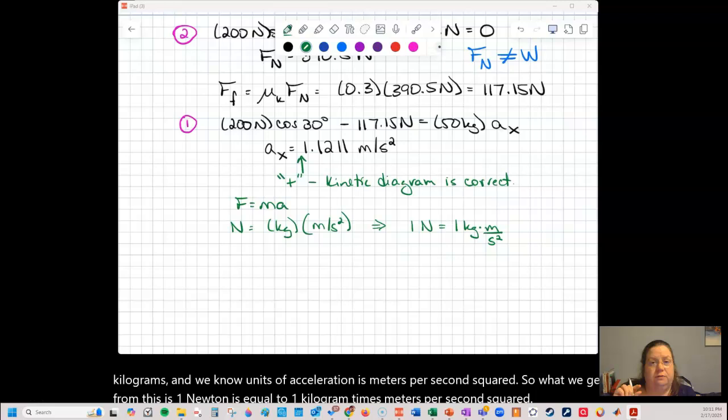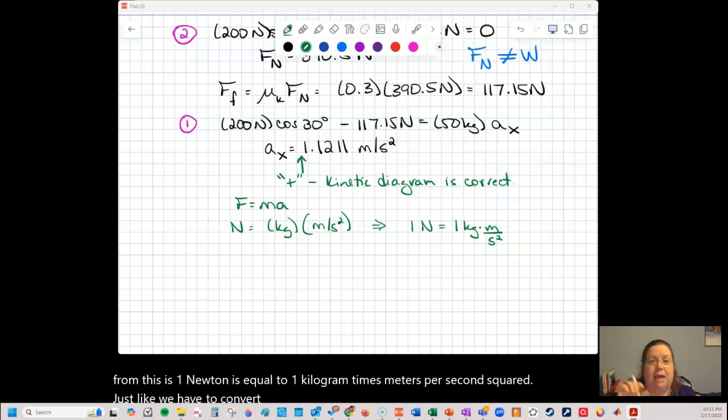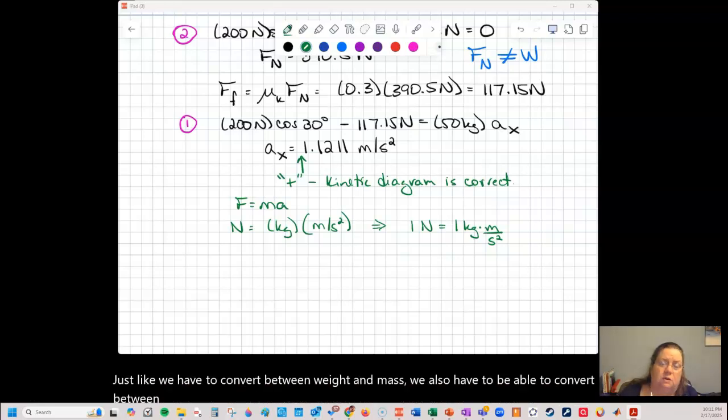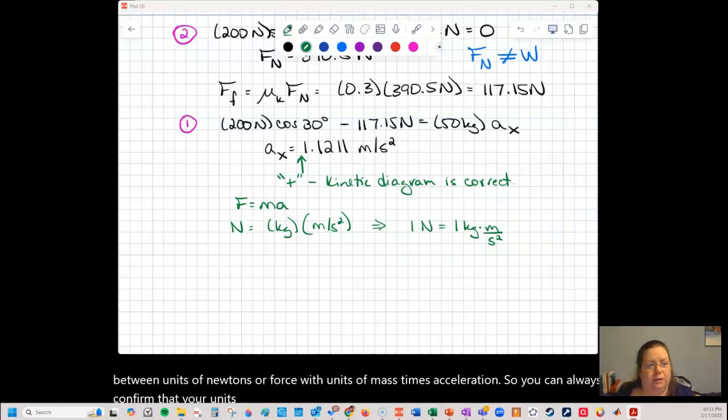Just like we have to convert between weight and mass, we also have to be able to convert between units of newtons, or force, and units of mass times acceleration. So you can always confirm that your units work out by remembering this conversion factor here.